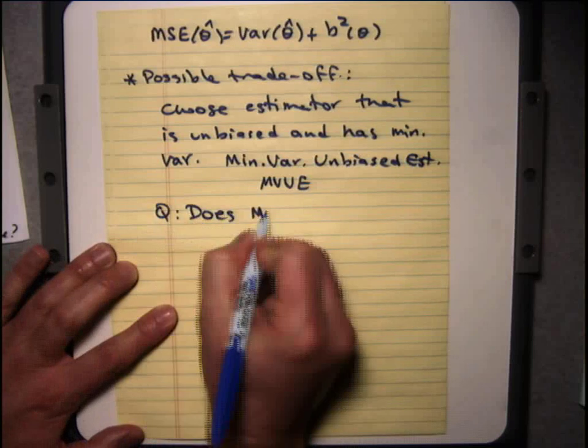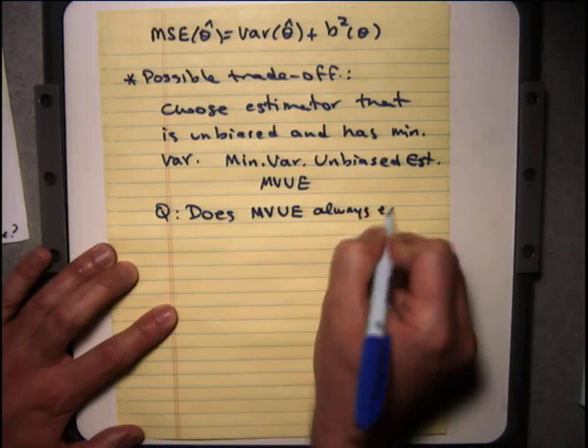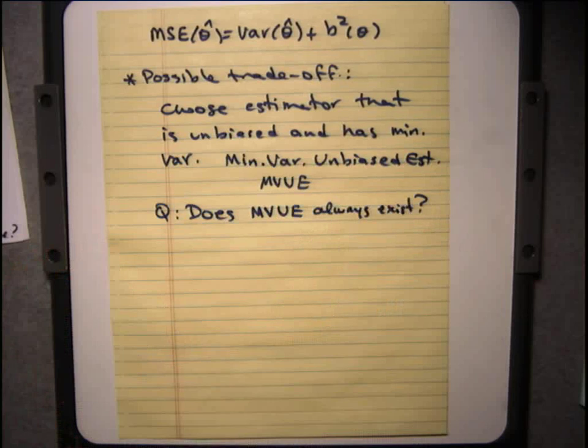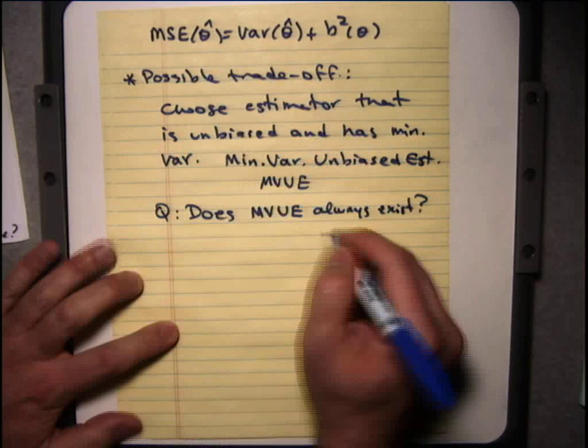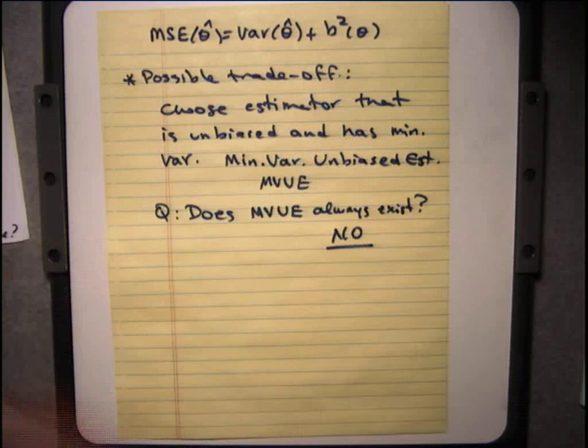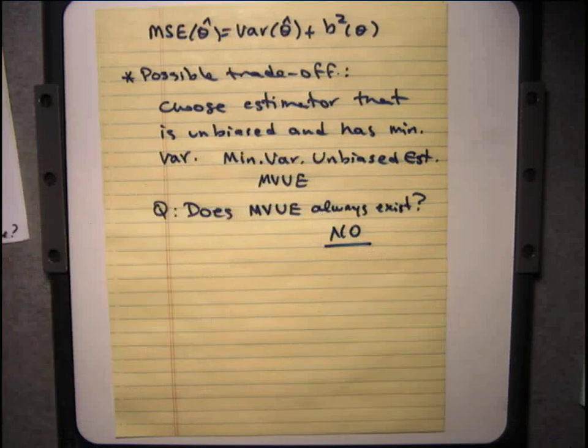Does the minimum variance unbiased estimator always exist? Is it always possible to come up with an estimator that has no bias and the smallest variance possible? The answer is no. It may not be possible to make this compromise, which is why we don't have only one kind of estimator. We have many different kinds. We have the MVUE when it exists. We have maximum likelihood. We have something called maximum a posteriori. We have Bayesian estimators. You'll see all of these later on.